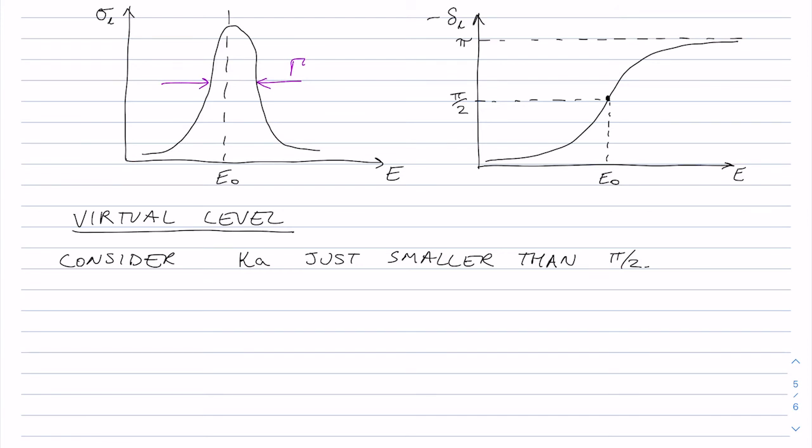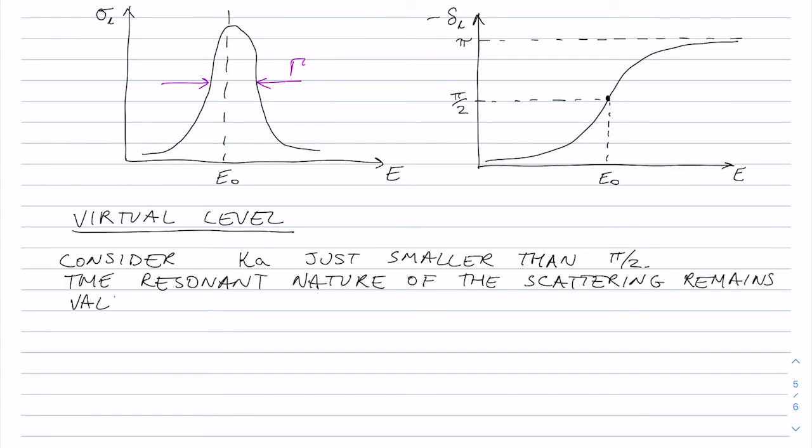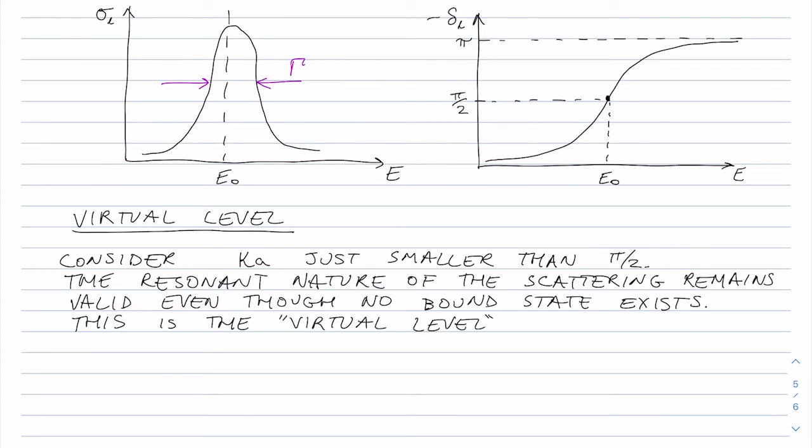We're still going to have this step of pi in the phase shift, but there's no bound state yet. This thing is called a virtual level. So the virtual level is the not quite bound state that still causes a resonance in the scattering cross-section.